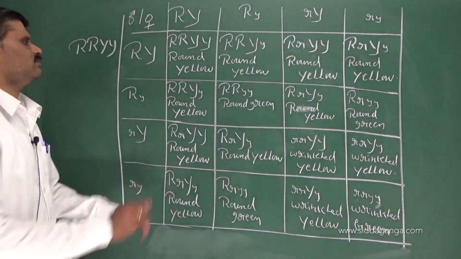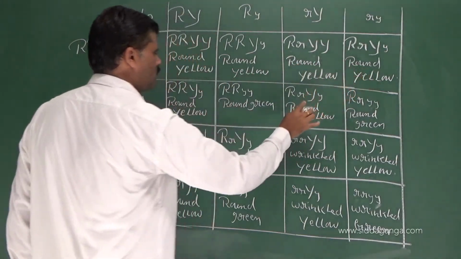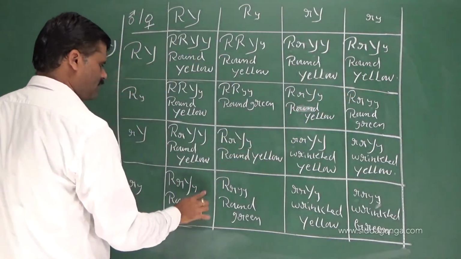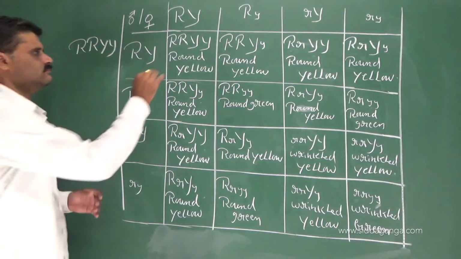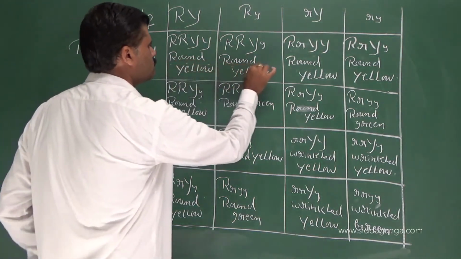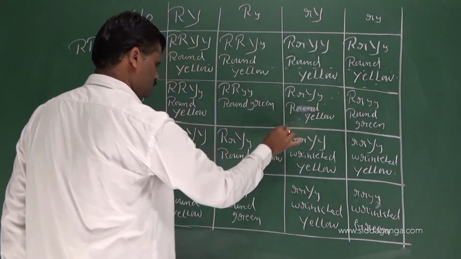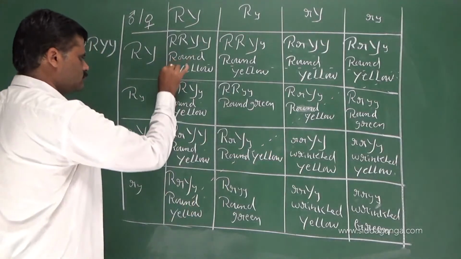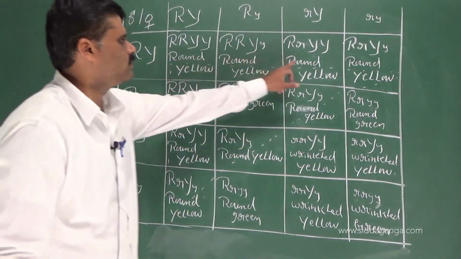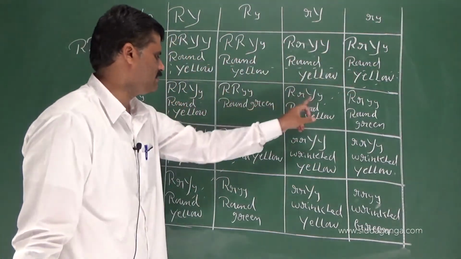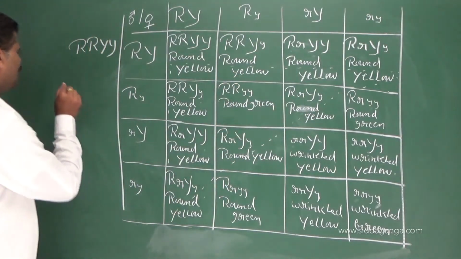How many are round yellow? 1, 2, 3, 4, 5, 6, 7, 8, 9, correct? Like this. Triangle. 9. Triangular round yellow is 9.